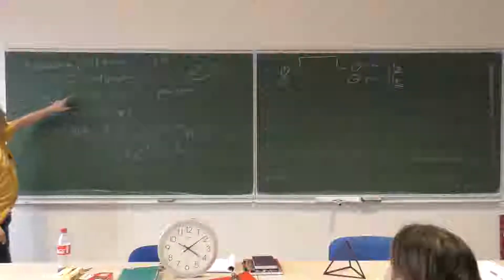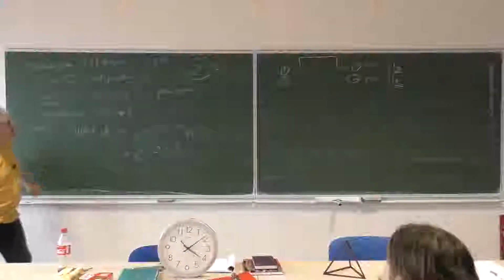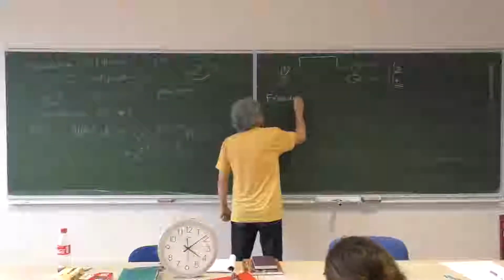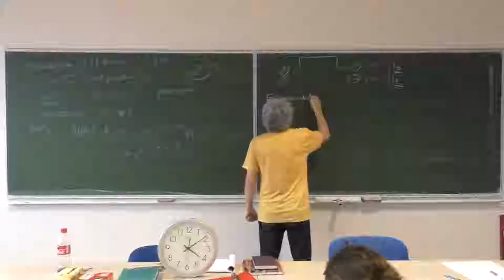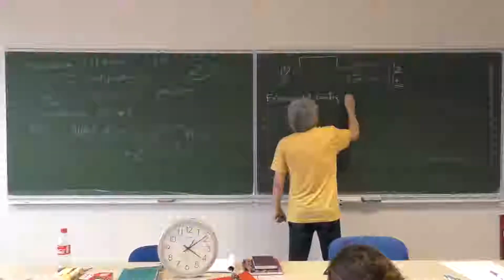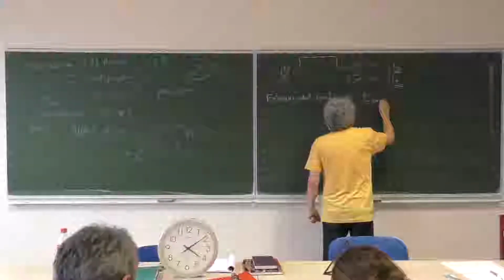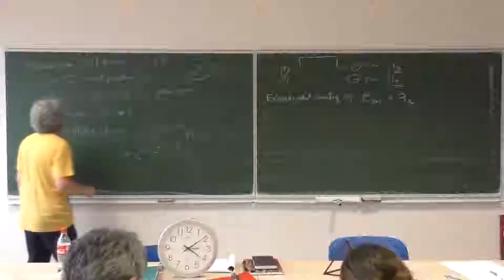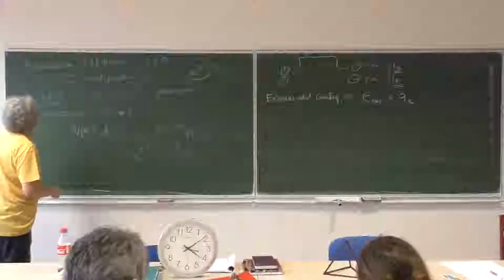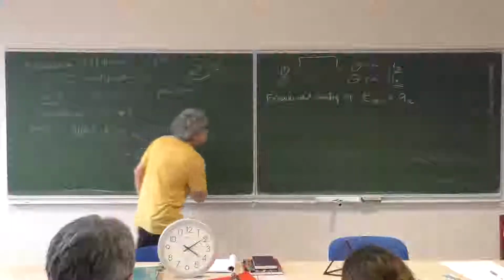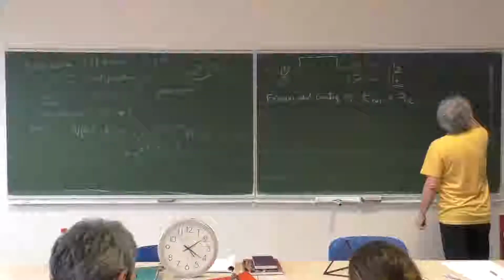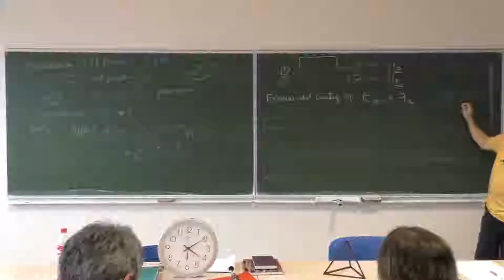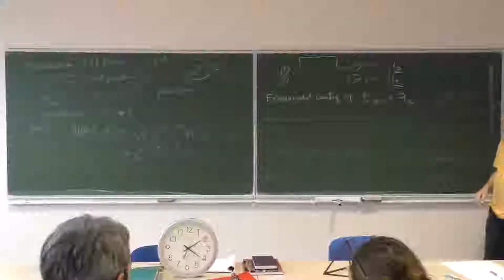So let's treat it like the other ones, and start from an extended configuration space, C extended, which has a set of variables QA, which in the Newtonian case would be the set of Qi and T. But I treat the Qi's and T on the same ground. I don't make a distinction between them.